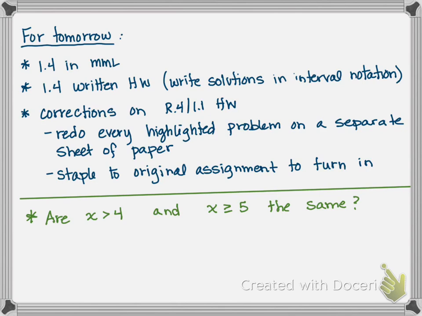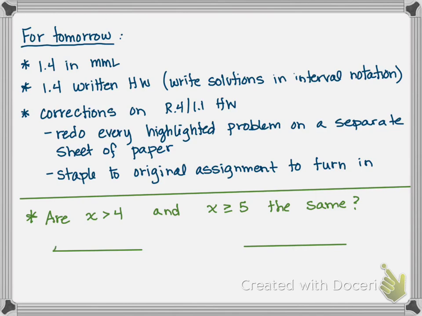But first, let's talk about this real quick. Are these the same? No. Why not? Because x greater than 4 includes more values than x greater than or equal to 5. Right. So the reason that we have these strict inequalities and inclusive inequalities is because we can't just jump from an integer to an integer, right?